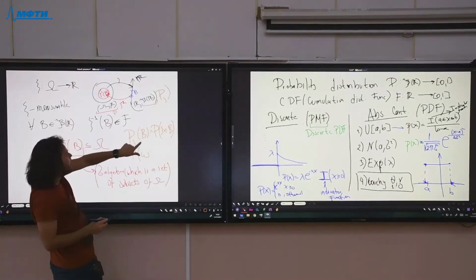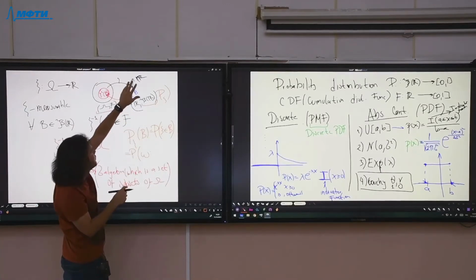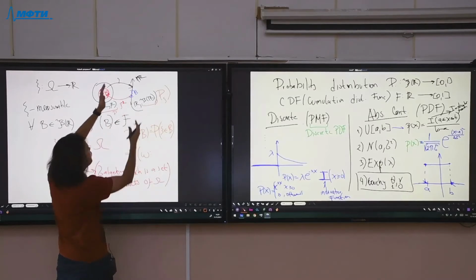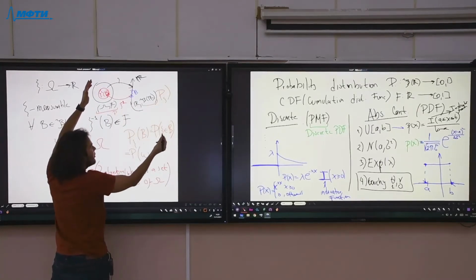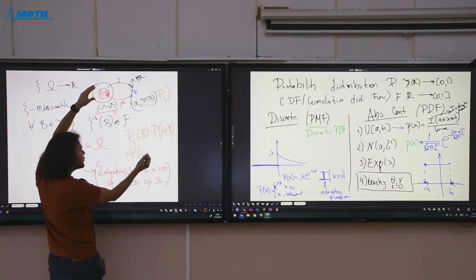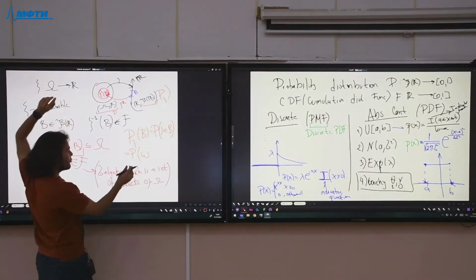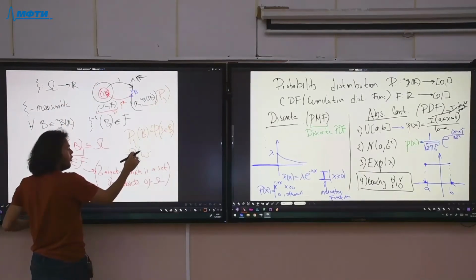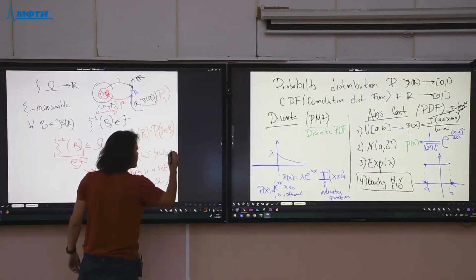So here we are talking about the process, the probability that xi belongs to this B. And now we're talking about omega, the sets from this set. So the probability of all omega such that psi of omega belongs to B.